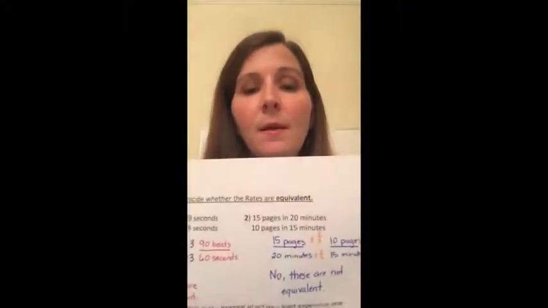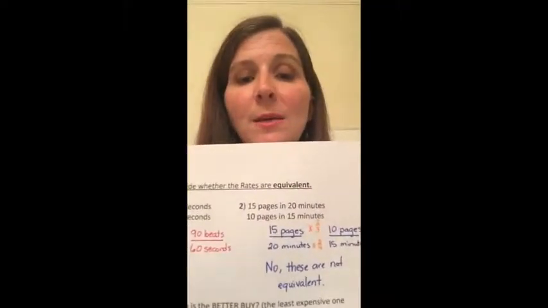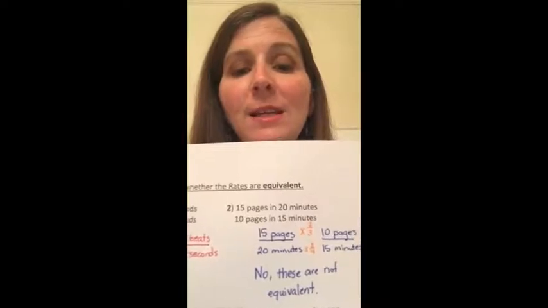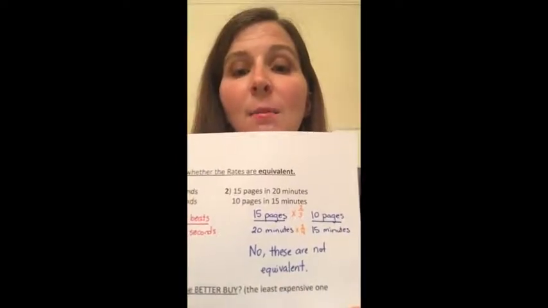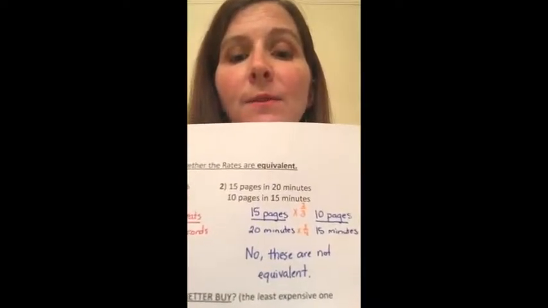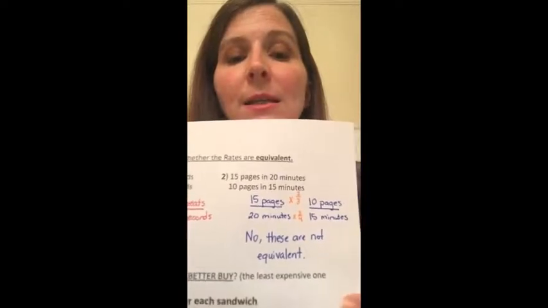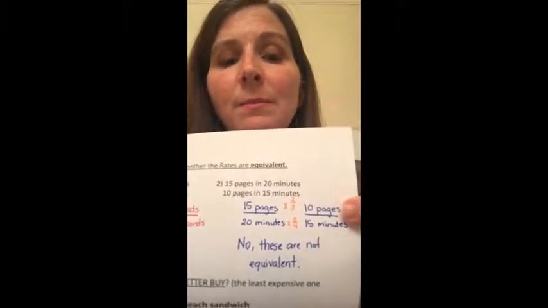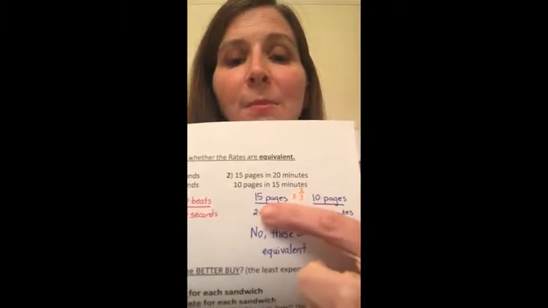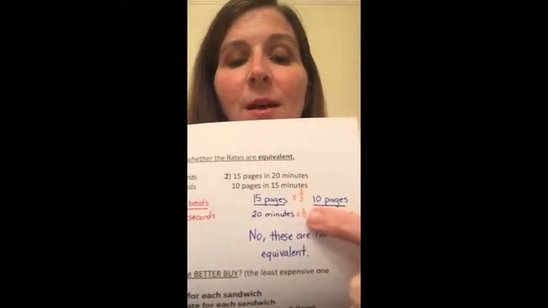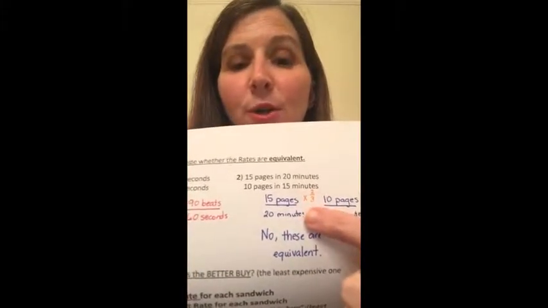Now, if we go to the second one and we go back to our other method, 15 pages in 20 minutes, 10 pages in 15 minutes. If I set up my rates, 15 pages in 20 minutes, 10 pages in 15 minutes, to get from 15 pages to 10 pages, I have to multiply that times 2/3.